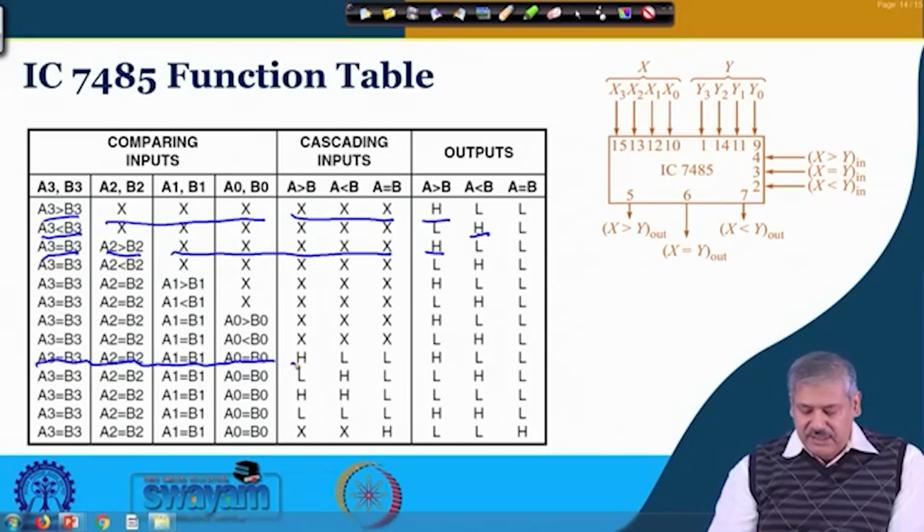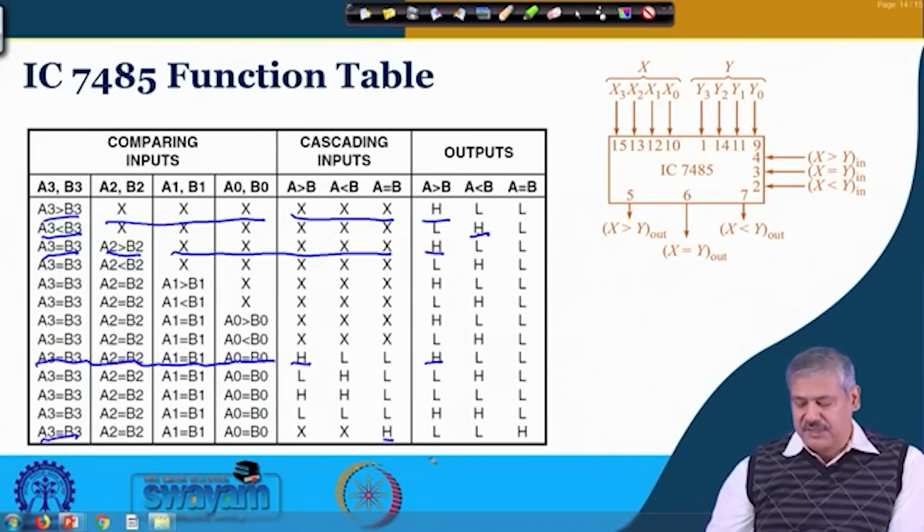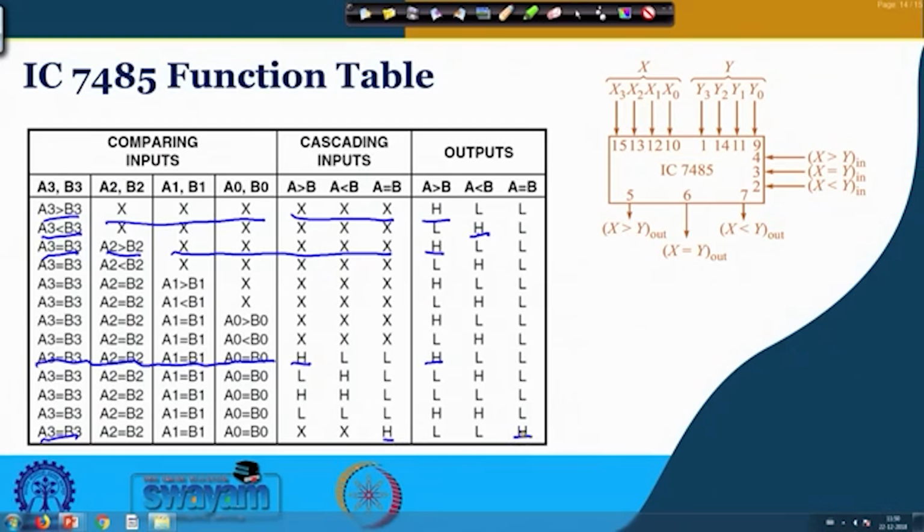At that time, if the input is A greater than B, then at the output also A greater than B, so it is now looking at the lower significant bits for comparison. Similarly for the others, and when the equal input is high, the output will be A equal to B. Now it is not expected that at the input side, both x greater than y and x less than y will be equal to 1, because either it is high or it is less. So that is what is expected.